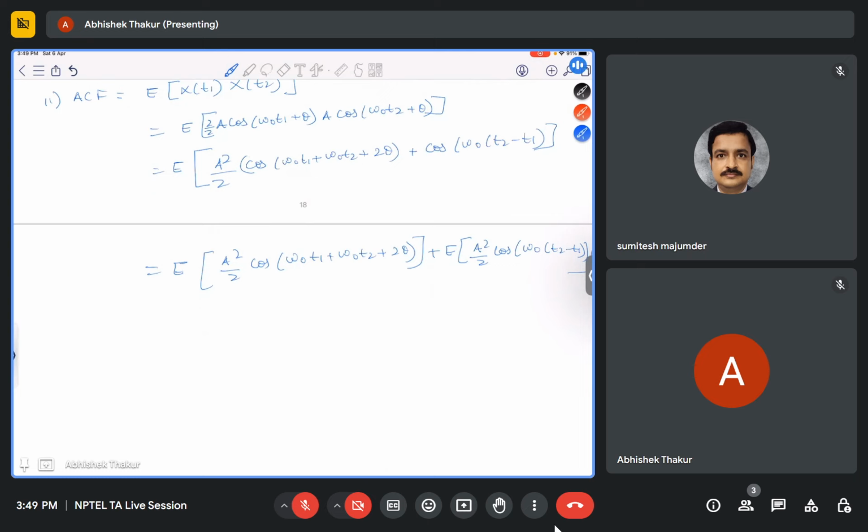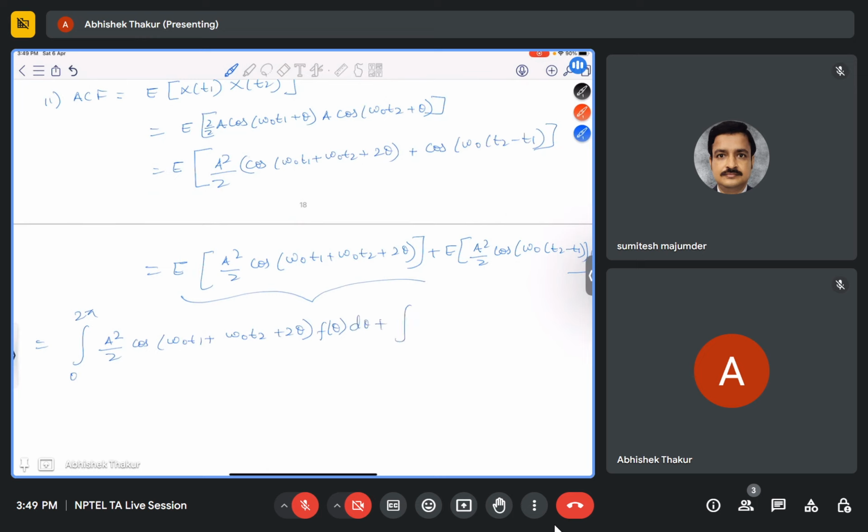Now we can write this as follows. For the first term, this will become the integration from 0 to 2 pi of a square by 2 cos(omega naught t1 plus omega naught t2 plus 2 theta) into f theta d theta.